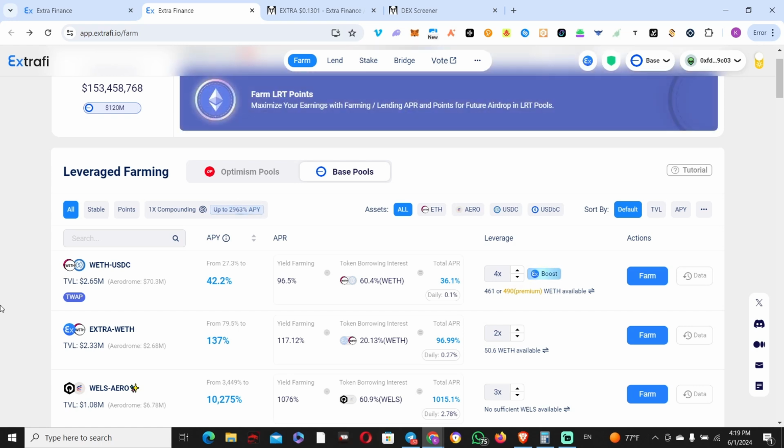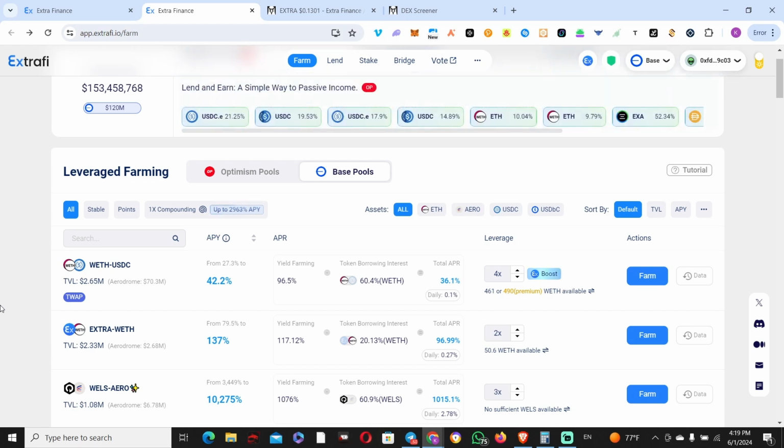One thing to really consider here is that when you open a position, you are technically being exposed to two assets. For example, here you are exposed to wrapped ETH and USDC, extra and wrapped ETH, Wells and Aero, and so forth. Meaning the movement of these assets, be it a stable coin or a volatile asset, will affect your equity position, because you enter with X amount of dollars, which is usually something you should not focus on.